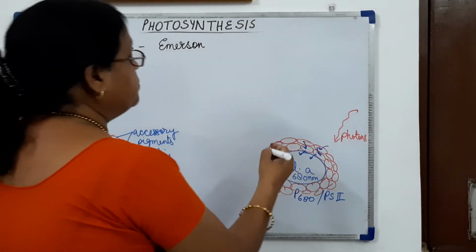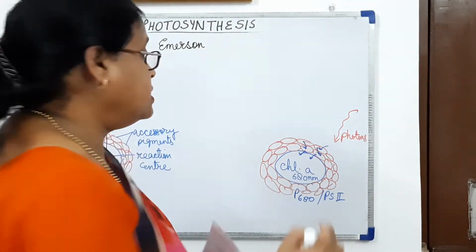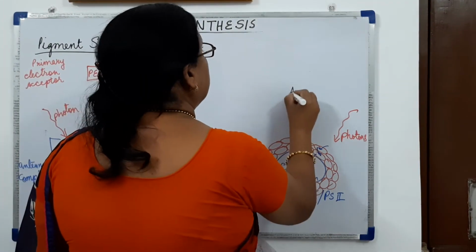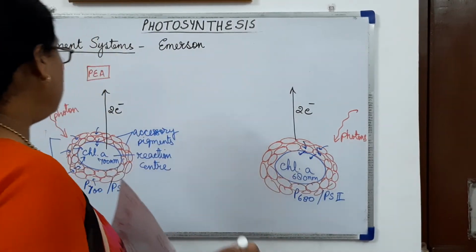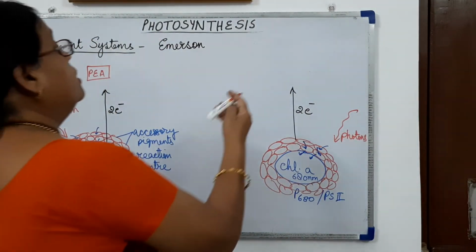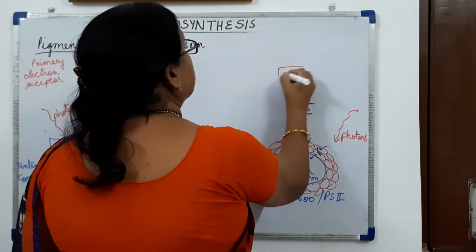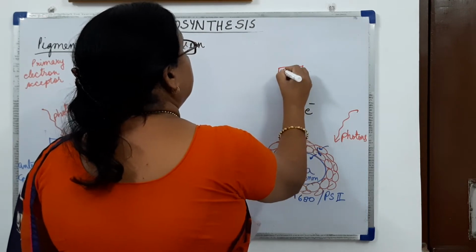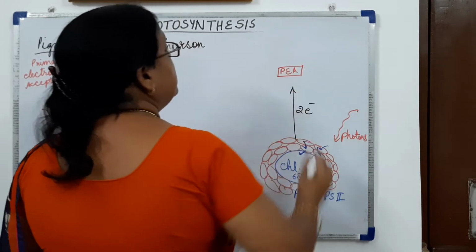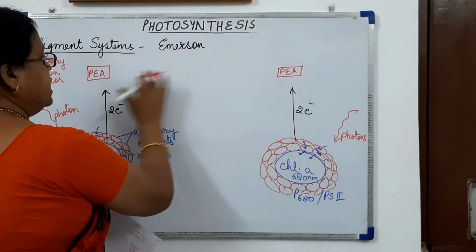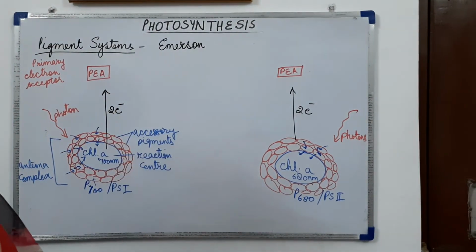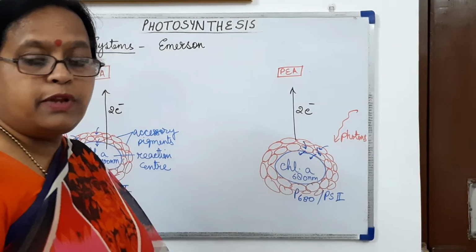Here also, when this gets excited, it will release 2 electrons, and they will also be accepted by the PEA, primary electron acceptor. Now, this primary electron acceptor has a high energy level.